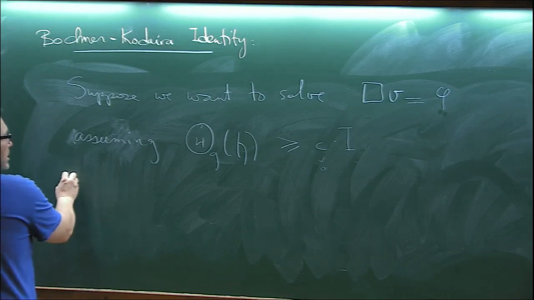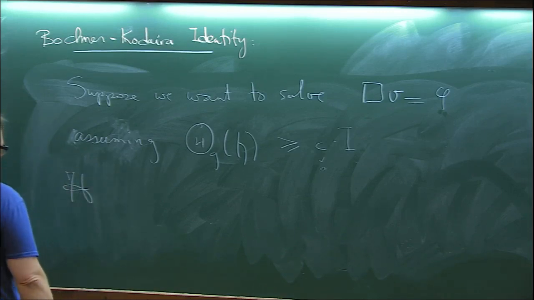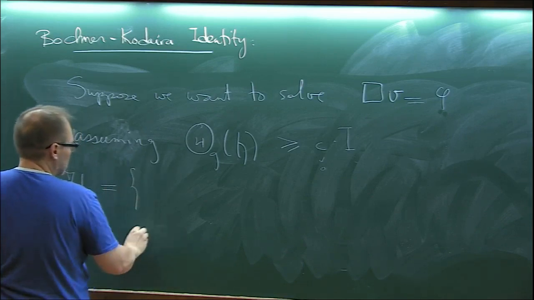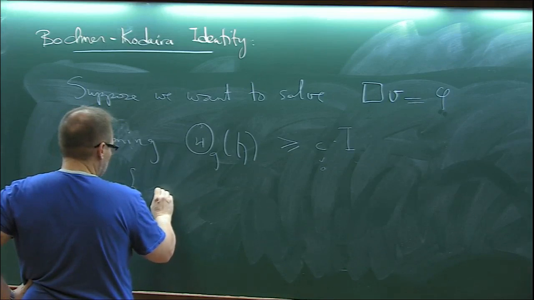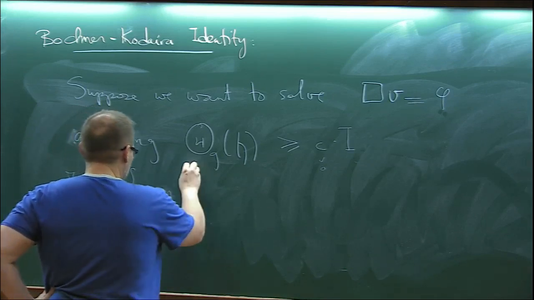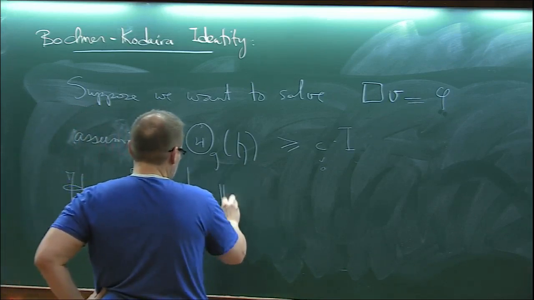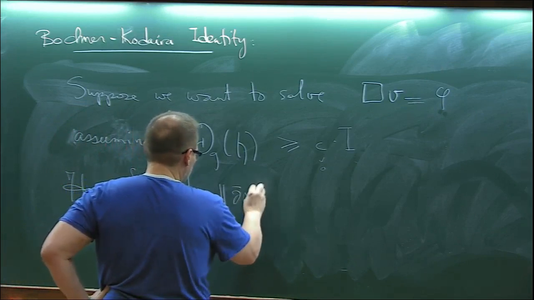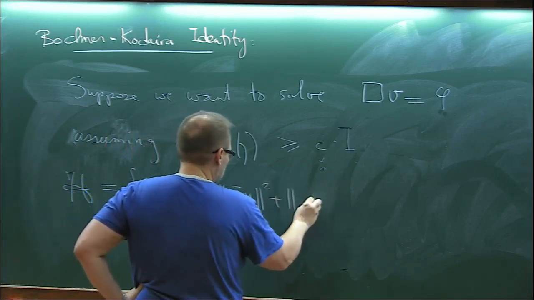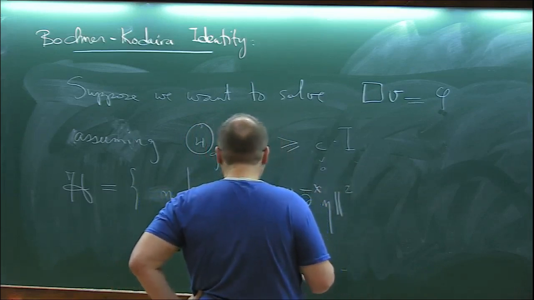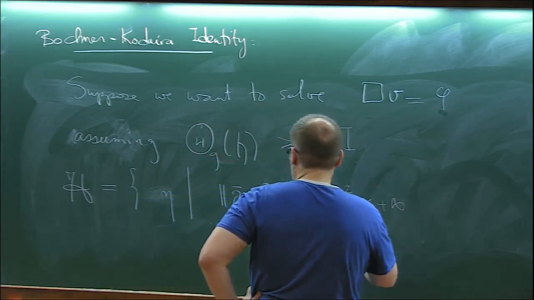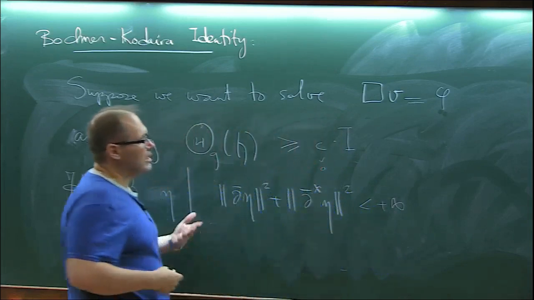So let's make a Hilbert space. We're going to take the set of smooth forms, say eta, such that the norm of d-bar eta squared plus the norm of d-bar star eta squared is finite. And this eta should be smooth.